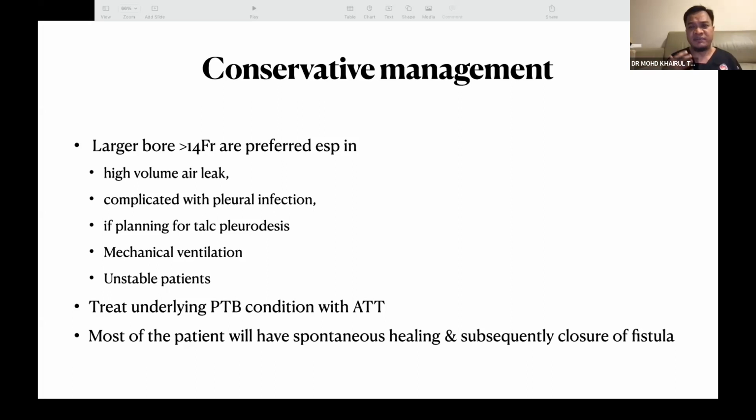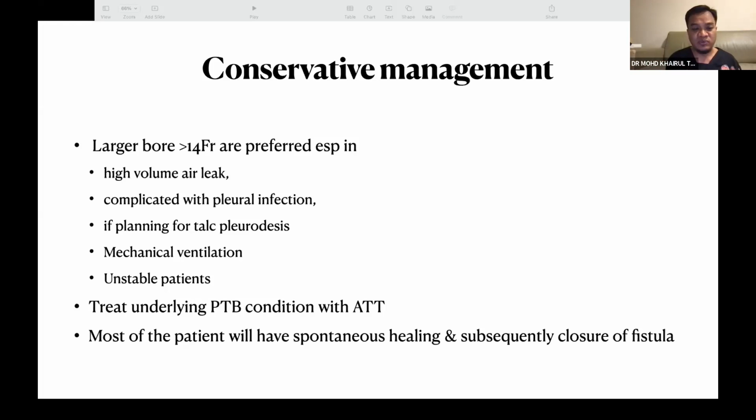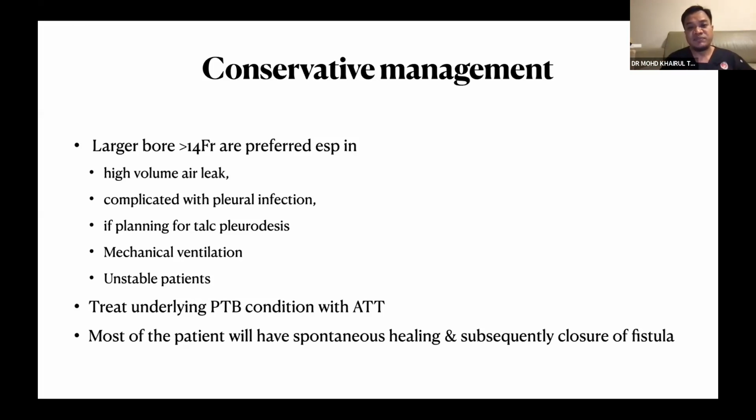Whenever they have mechanical ventilation, first, the inspiratory positive pressure can lead to persistent air leak. Moreover, the pressure itself can cause more and more barotrauma and worsening of pneumothorax. So this type of patient, and also unstable patients, most of them need a larger chest tube.